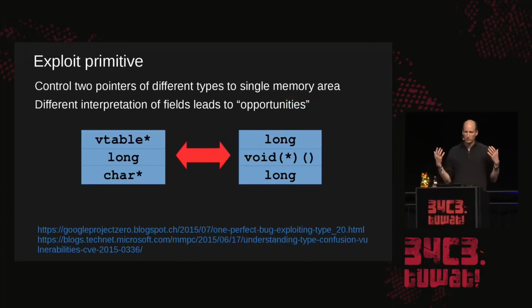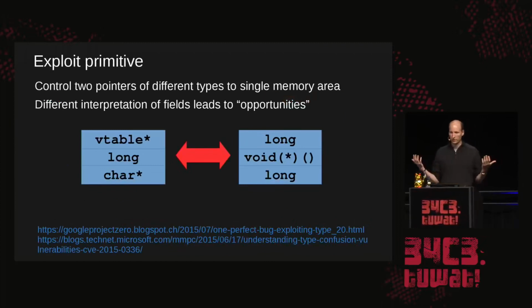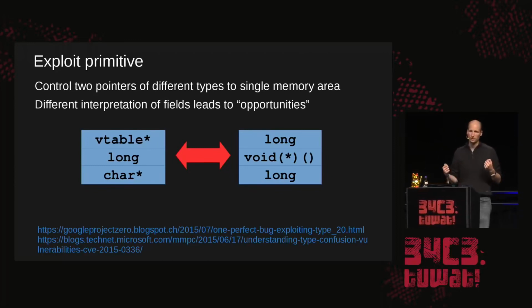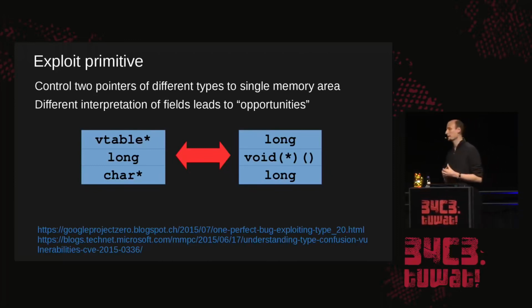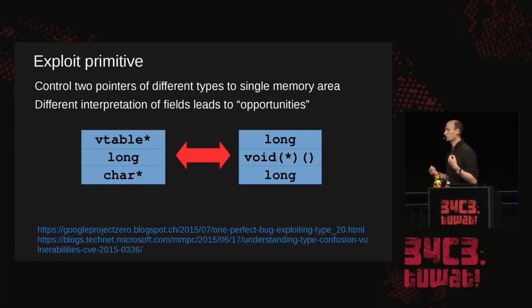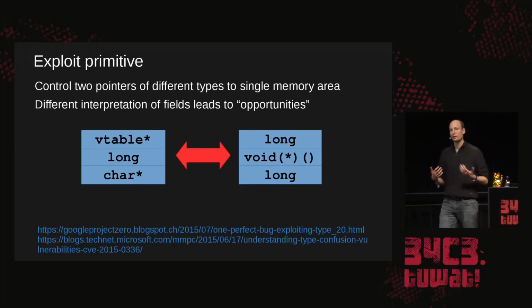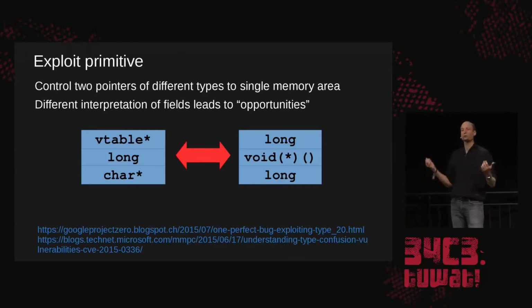So imagine that when you're exploiting type confusion in your programs, you're trying to control two pointers of different type that both point to the same memory area. But the two pointers of different type allow you to reinterpret the different fields of the object in two different ways. So you have a certain memory area that has been allocated as one original type, but you have two pointers of different types to that same memory area.